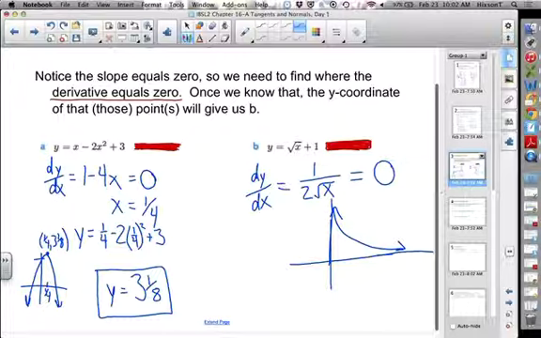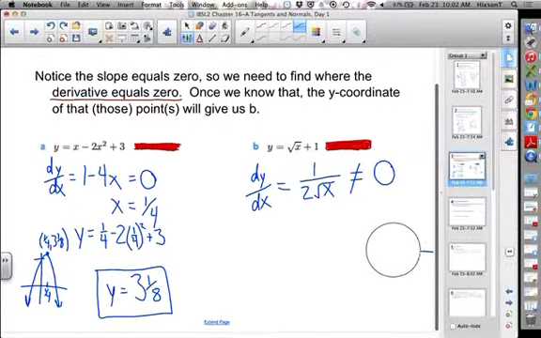Now this is not the graph of this. This is the graph of my derivative function. So when will this equal 0? It won't. So, are there any horizontal tangents on this? No.